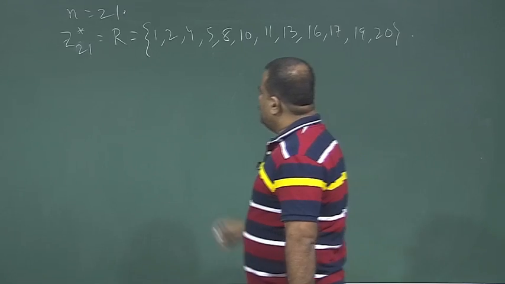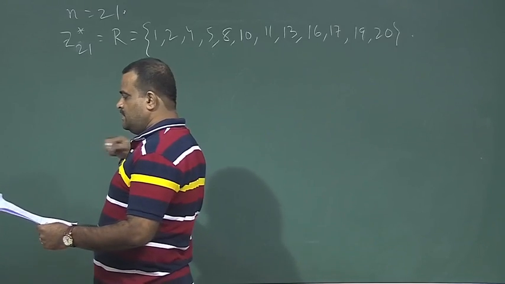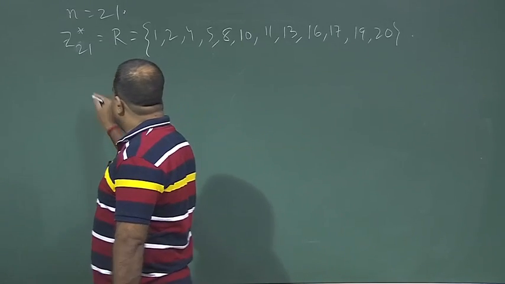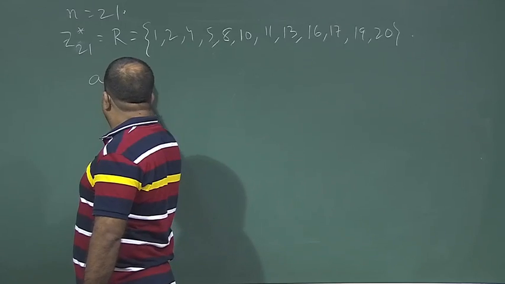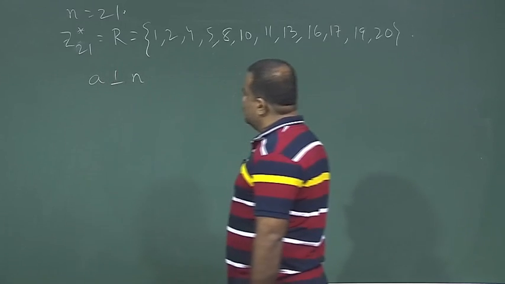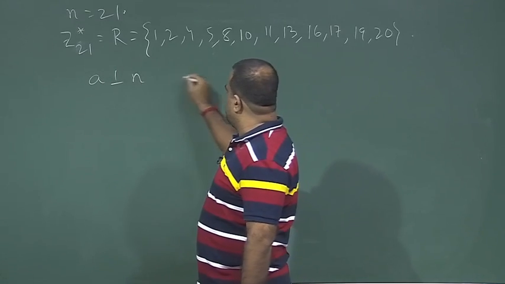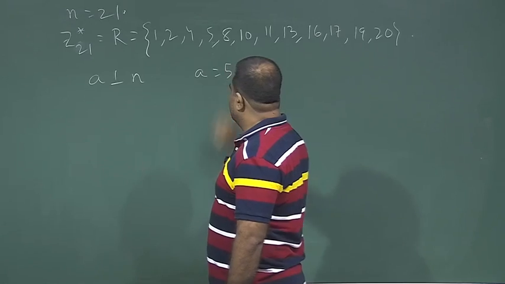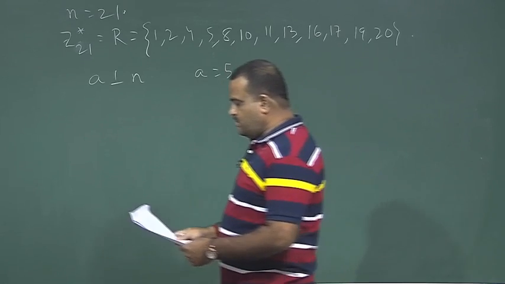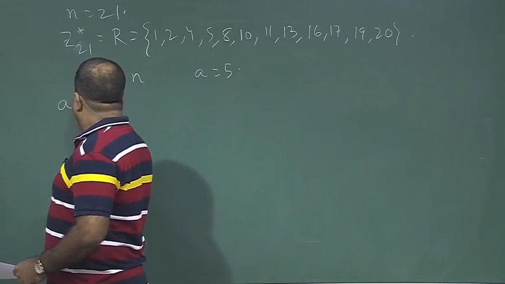Now, if we take a number a which is co-prime to n, where n is 21, say a is equal to 5, then we want to define AR.